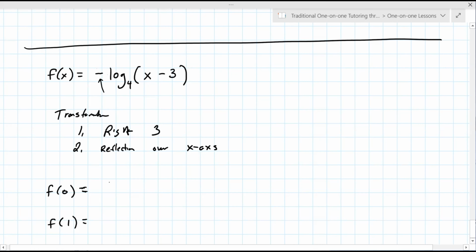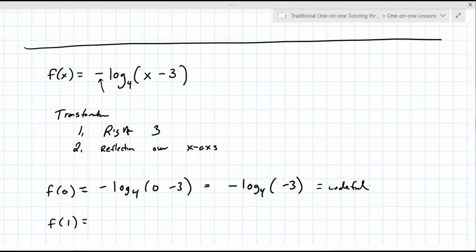So is it undefined? Yes, after you put 0 in for x, and if you want to, you can actually evaluate it. This is a negative inside, so it's like you said, it's undefined. And then f of 1 is -2, which is also undefined?